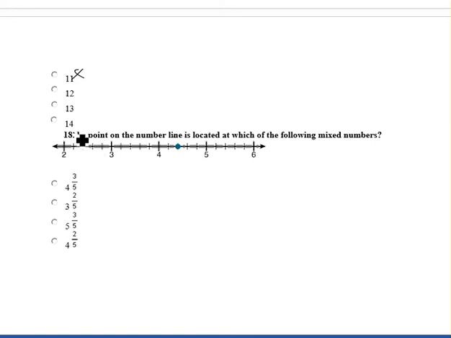The point on the number line is located at which of the following mixed numbers? Well, it's definitely 4. It's not all the way to 5, so it's 4. And remember, a fraction is just the parts over the whole. So there's 1, 2, 3, 4, 5 total spaces between the 4 and the 5, and this is over 2 of them.